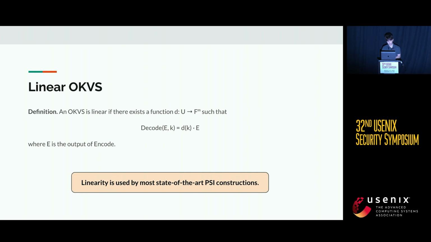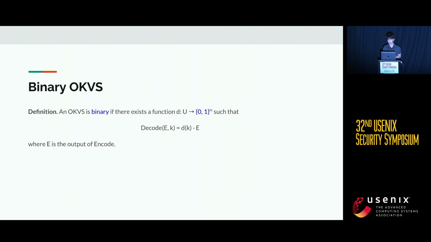It's a dot product of some vector of length m applied to the vector encoding E. Linearity is used by most state-of-the-art PSI constructions. There's also a concept of a binary OKVS, which is a more restrictive case where the coefficients of the linear combinations are restricted to either 0 or 1.